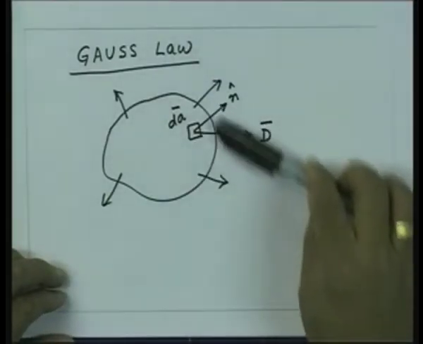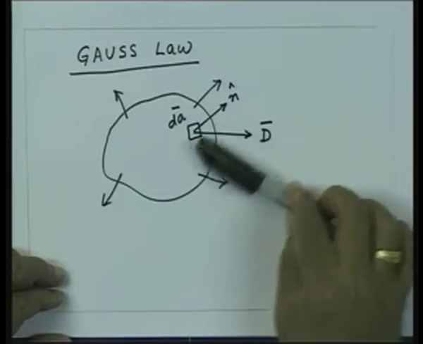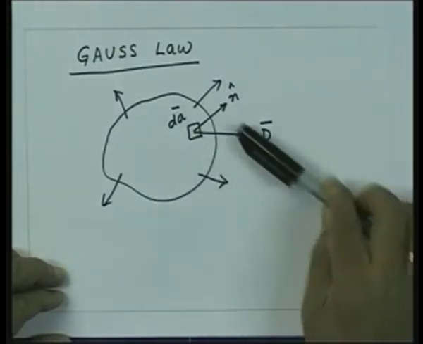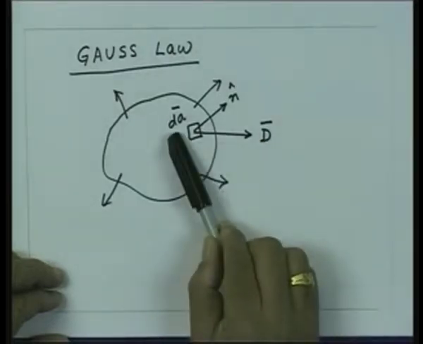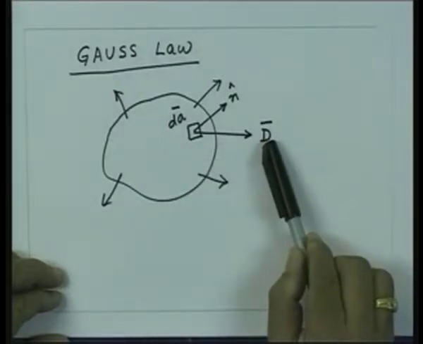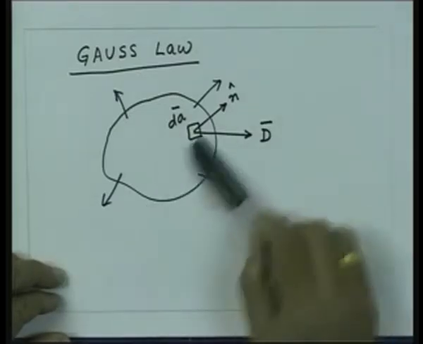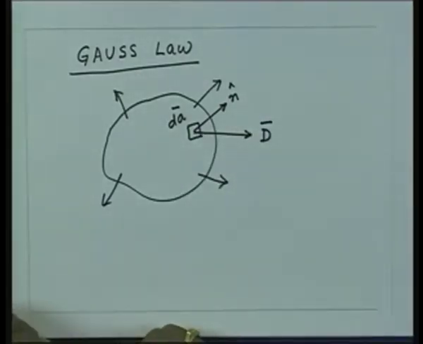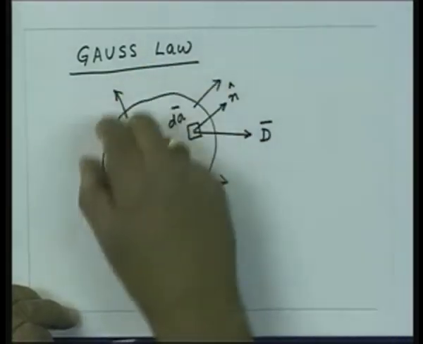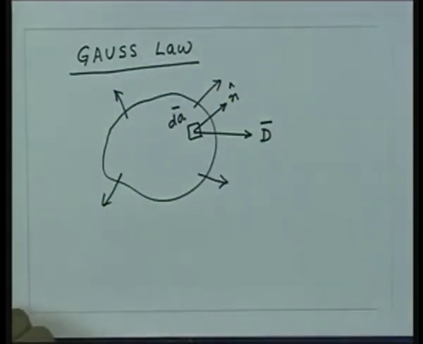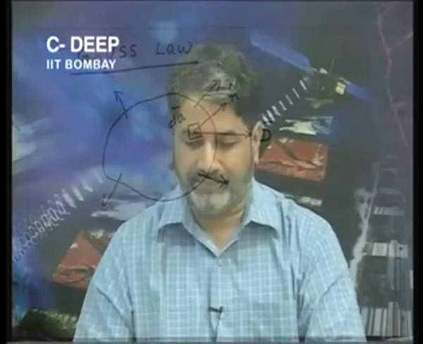So, the outward displacement which will be coming from this small area will be the dot product of these two. So, it is D dot dA, that is the component of the displacement vector in the normal direction. Once I get that, I can add all those contributions from all the areas on the surface and I will get the total displacement coming from this closed surface.